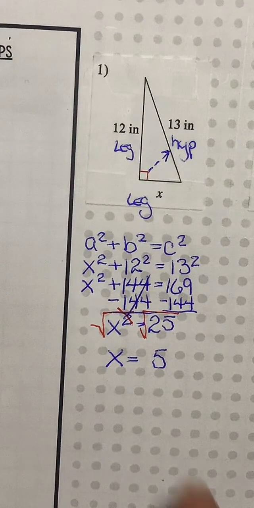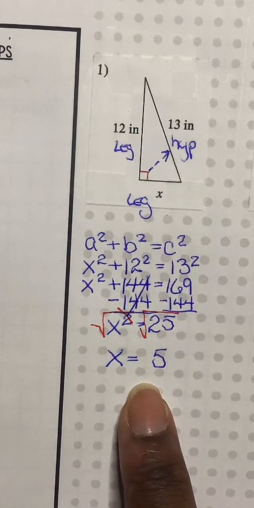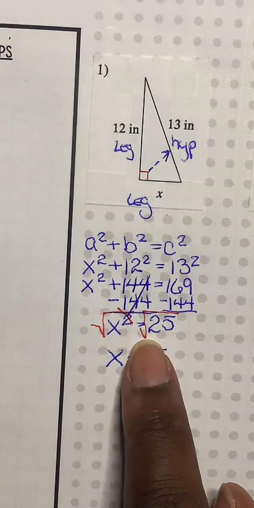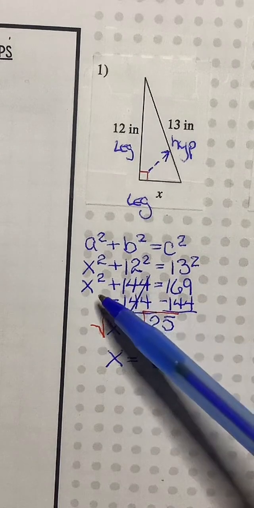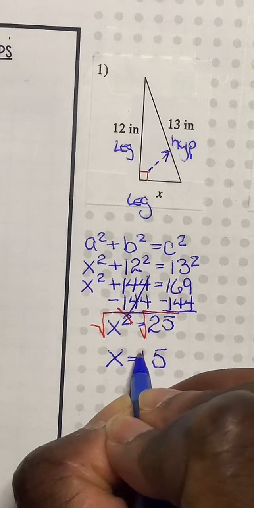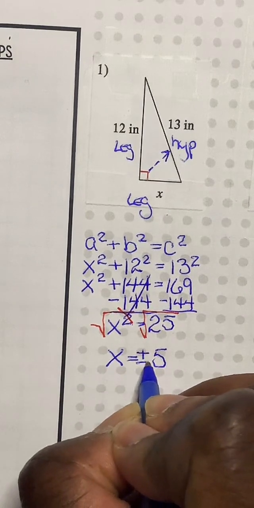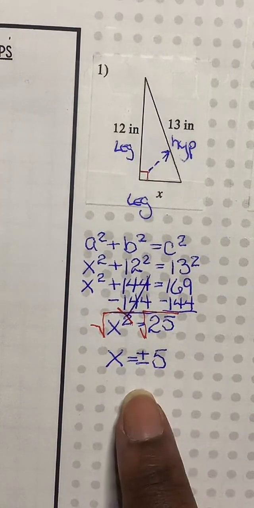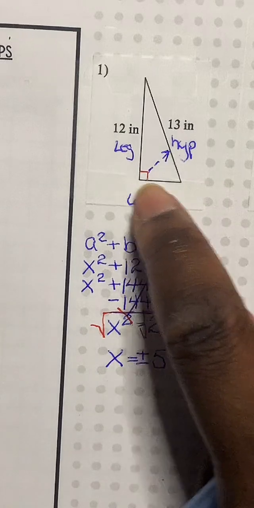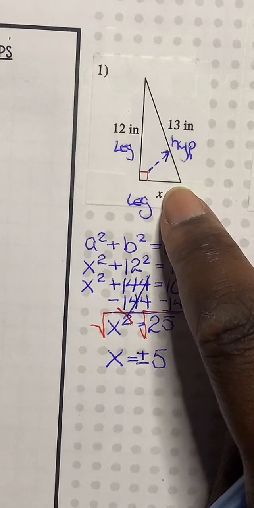But in actuality, our answer is not just 5. Okay? When it comes to square roots, you always have 2 solutions. You actually are going to have a positive 5 and a negative 5. But because of this situation, we can't have a negative length of a side.